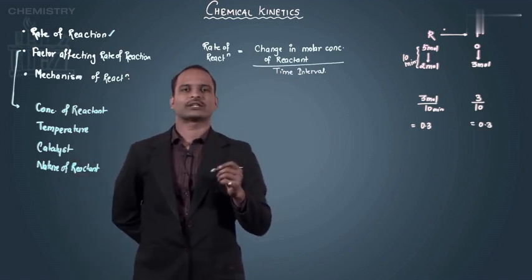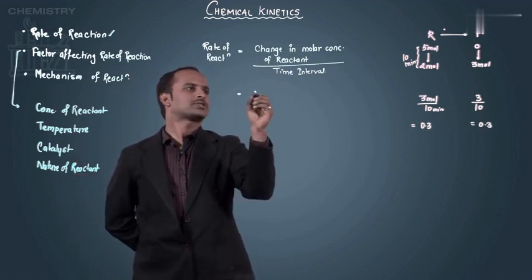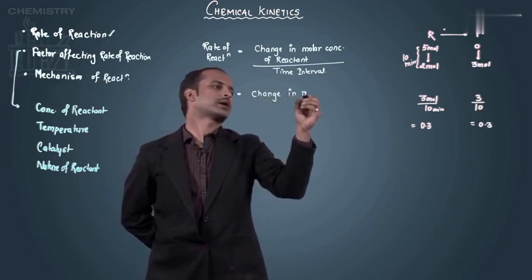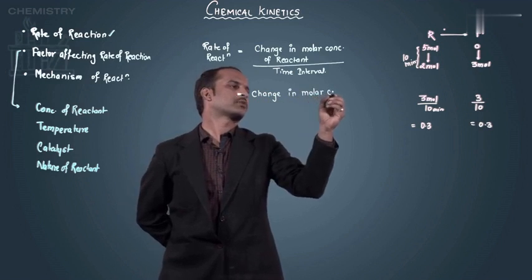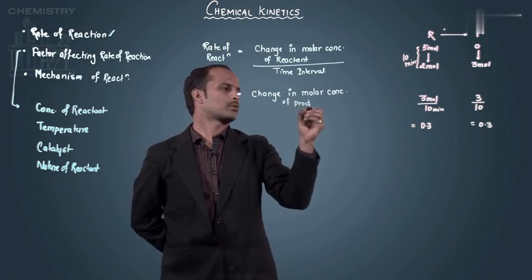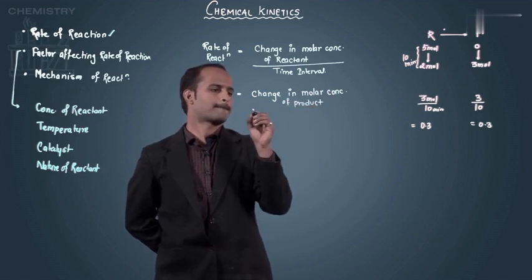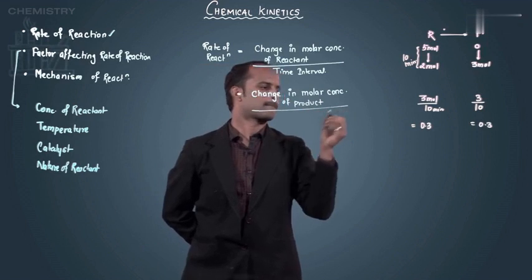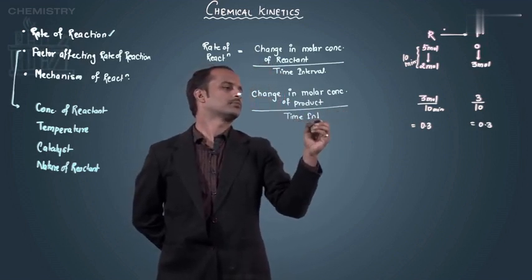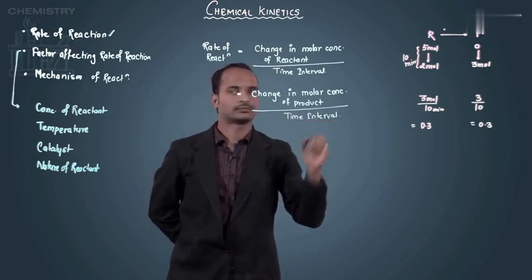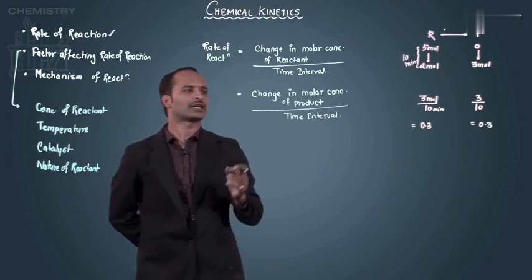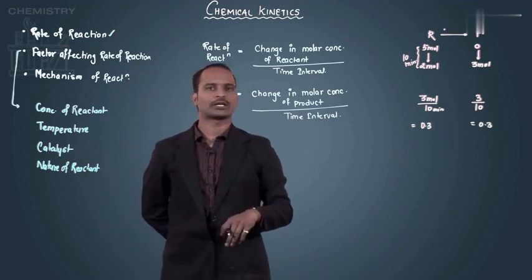Or I can write the same thing in terms of product also, as I said. So it is change in molar concentration of product upon time interval. Okay. So this is the rate of reaction: change in molar concentration of reactant or change in molar concentration of product upon time interval.